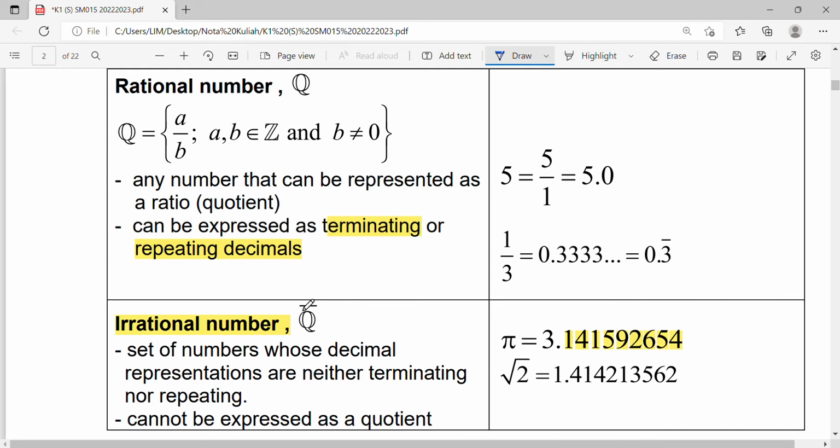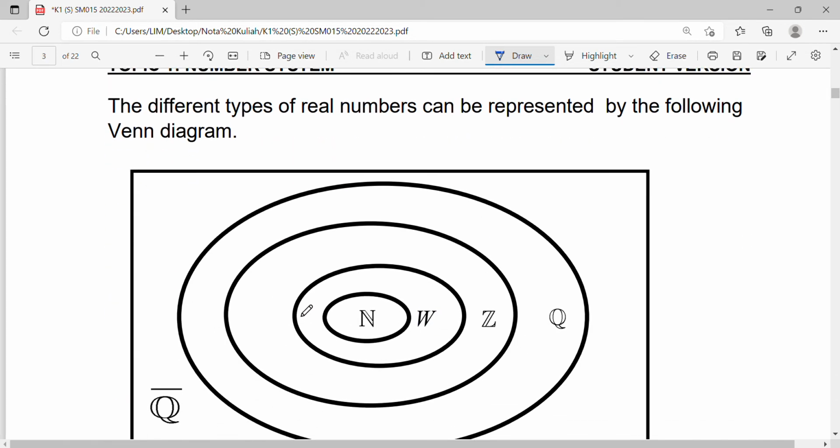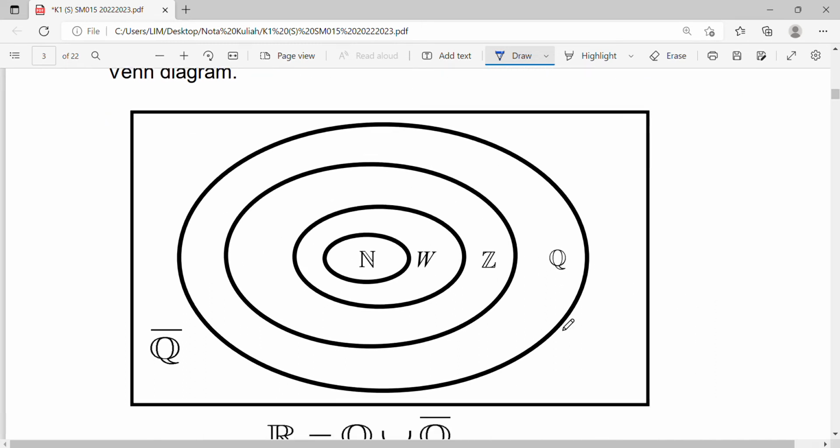So if we represent it in set notation, the smallest group will be natural numbers. Involving the element 0, whole numbers. When we involve negative numbers, it becomes integers. When you involve decimals or fractions, terminating decimals, it becomes rational.